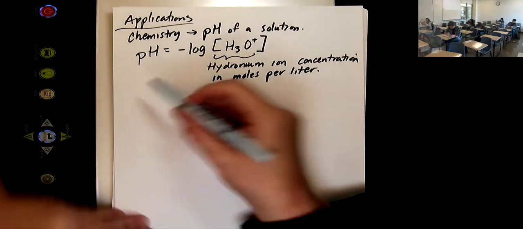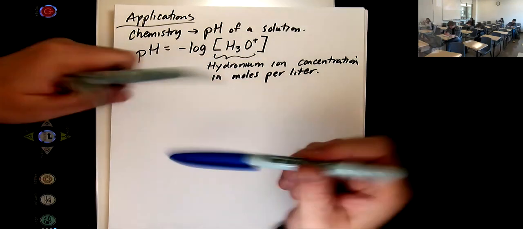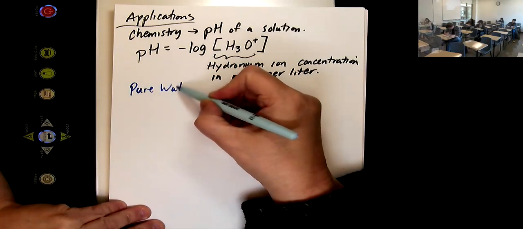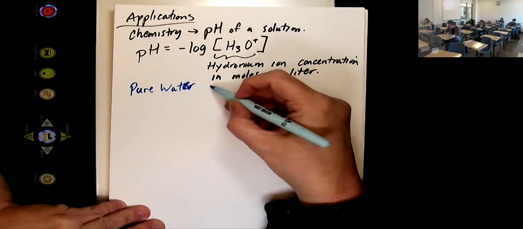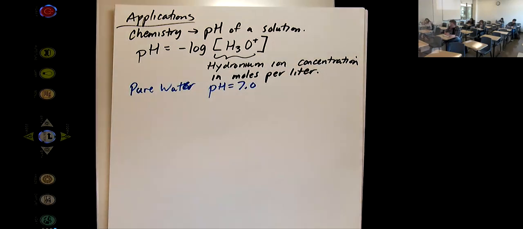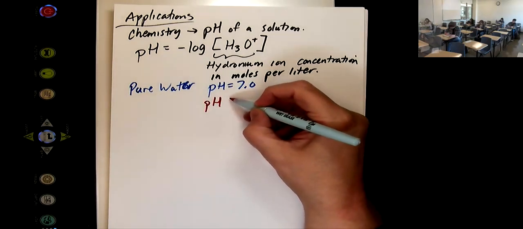Pure water has a pH of 7.0. If the pH is less than 7.0, it's considered acidic.